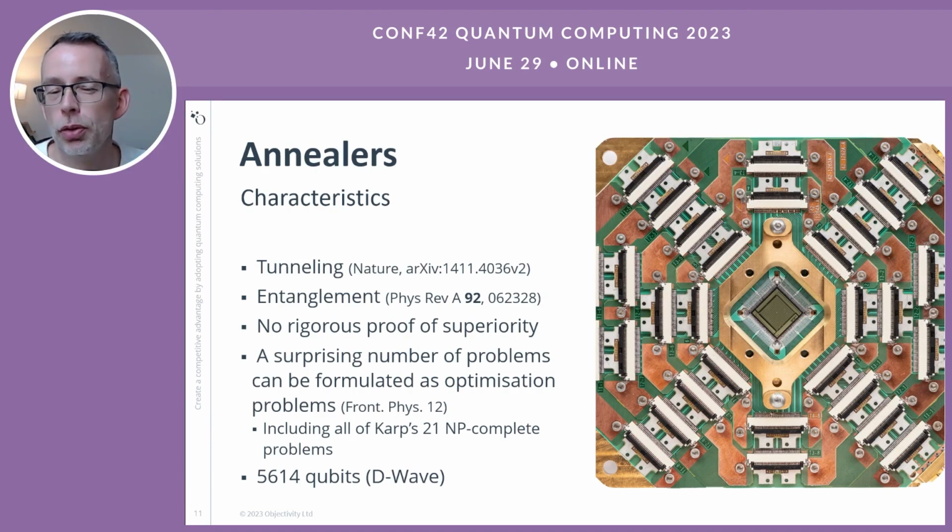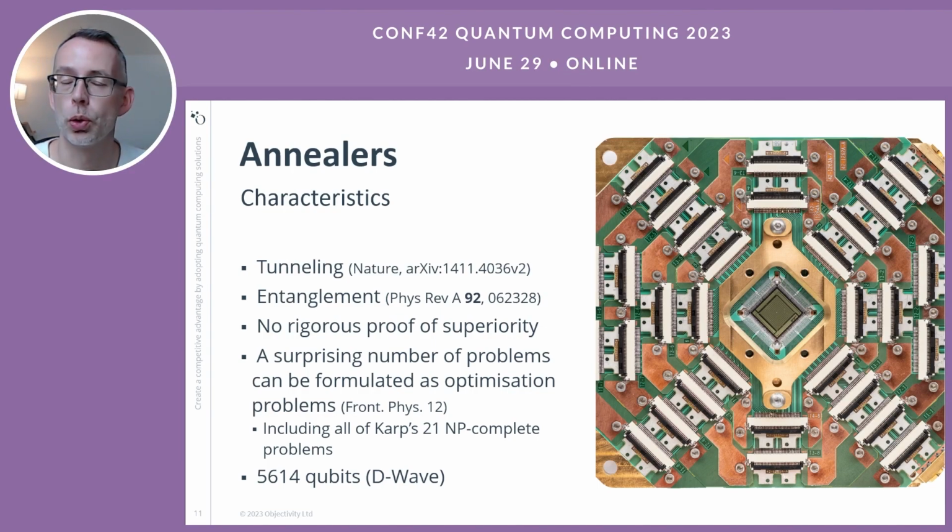And the final thing to note is that you will be surprised by the number of problems that can be formulated as optimization problems to run on a quantum annealer. All of Karp's 21 NP-complete problems can be run on a quantum annealer. That's been shown in a famous paper by Andrew Lucas called Ising Formulations of Many NP Problems, published in Frontiers of Physics 12.